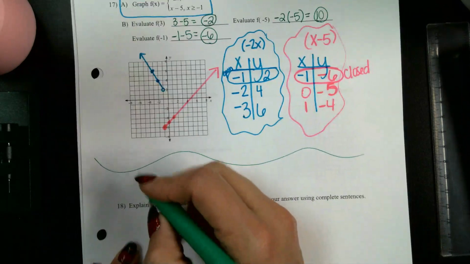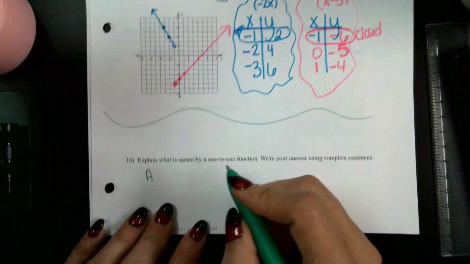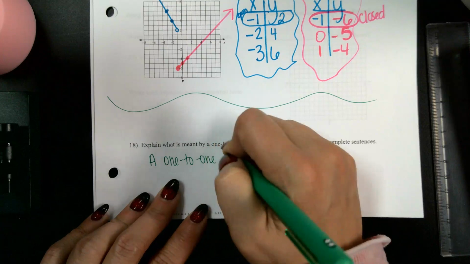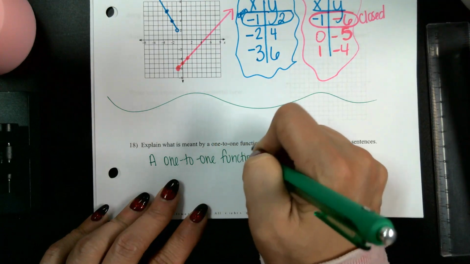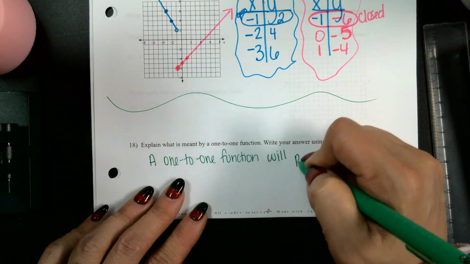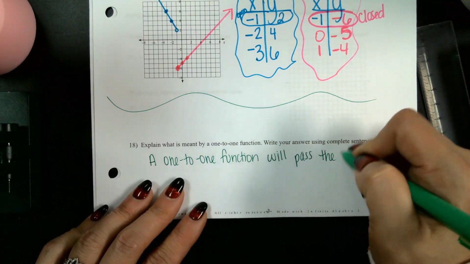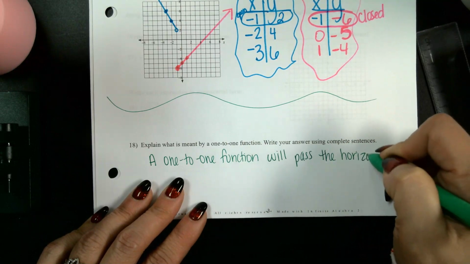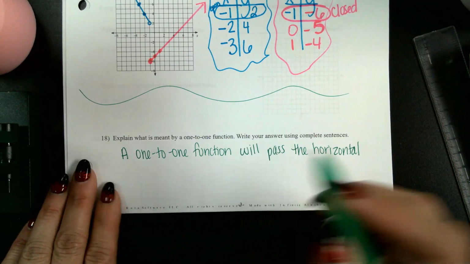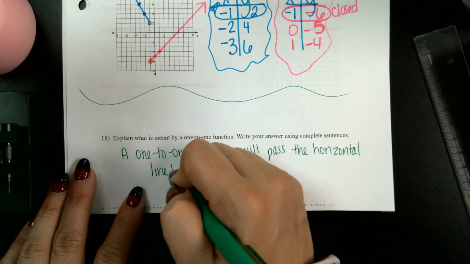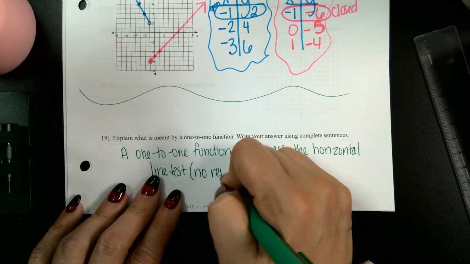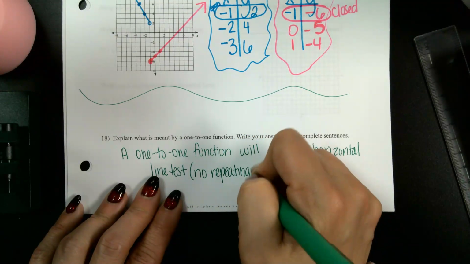Well, a 1-to-1 function will pass the horizontal line test. And in parentheses, put this: no repeating y values.